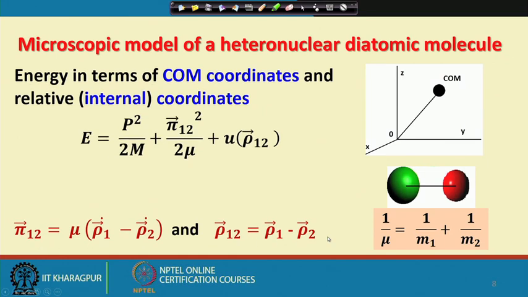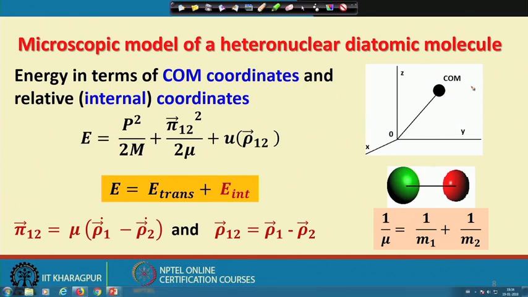So, what we have achieved through this is a separation of the entire energy into one part, that is the translational motion of the molecule as a whole, represented in terms of the motion of the center of mass, without paying any attention to the structure of the molecule.